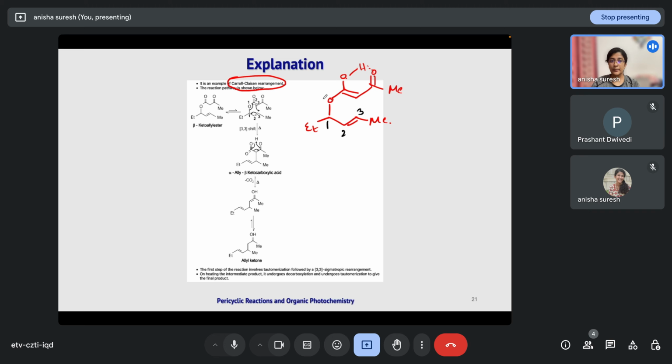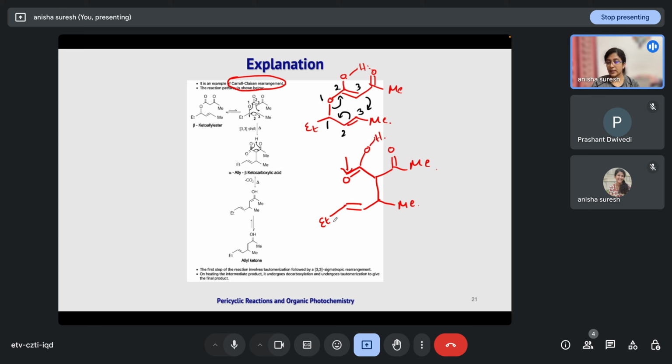3, 2, 1, 1, 2, 3. So it will undergo a 3,3 sigmatropic rearrangement, resulting in the formation of Et double bond, Me, double bond OH.